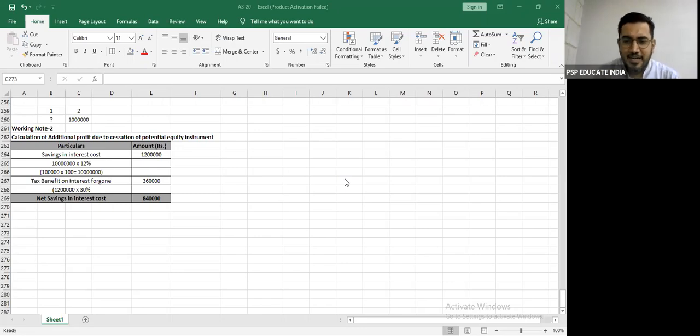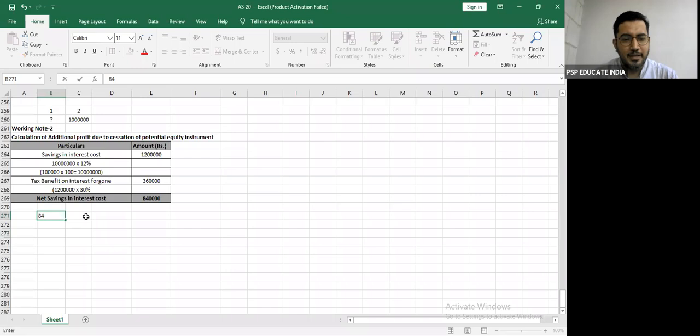Now, please understand, for the current year, we will save 8,40,000. Will we save 8,40,000 for the entire year or only for the period after 1/1/2015? Will we be saving it for the entire year or after 1/1/2015? Of course, after 1/1/2015. So it will be 8,40,000 into, you have January, February, and March.